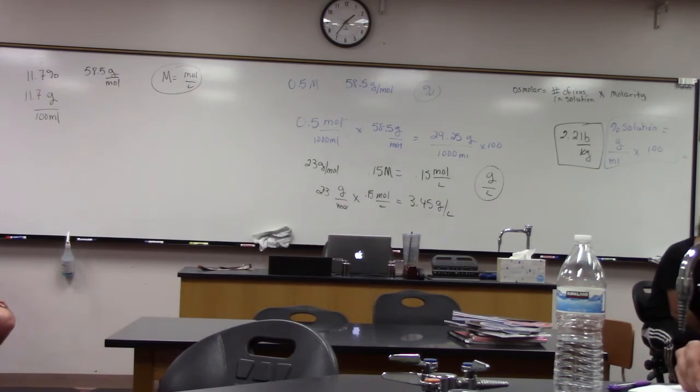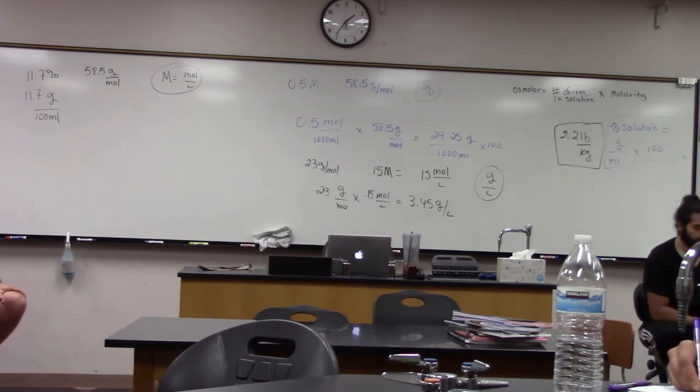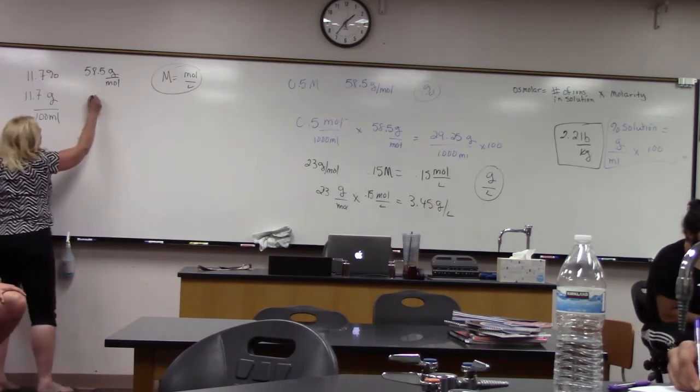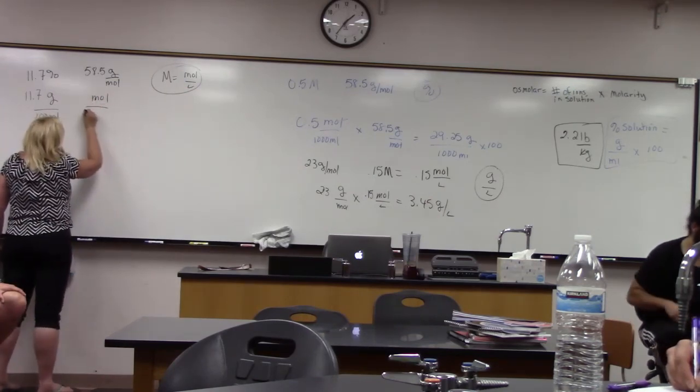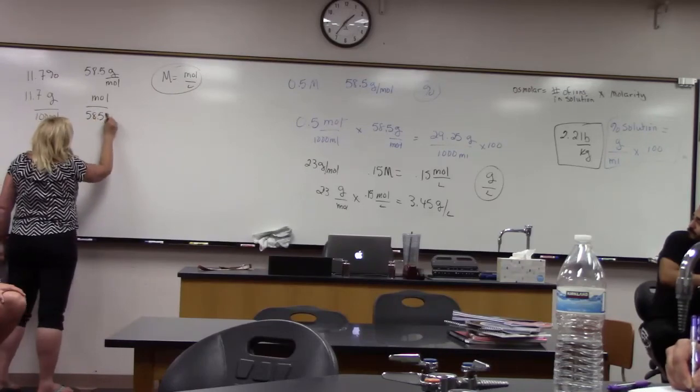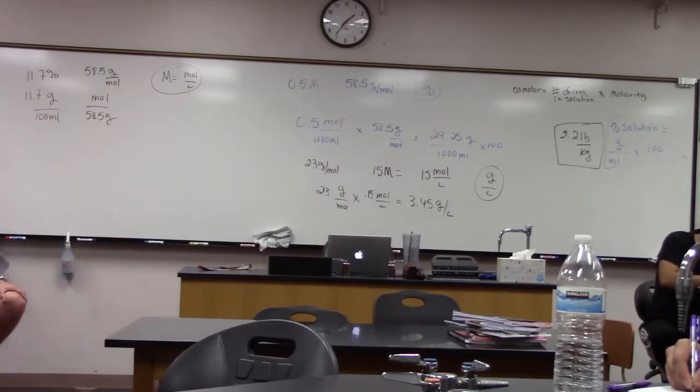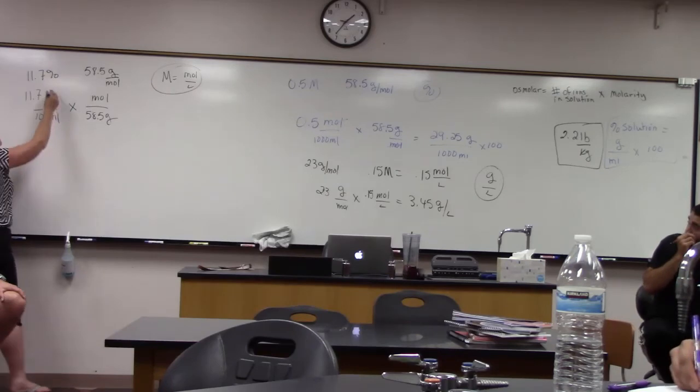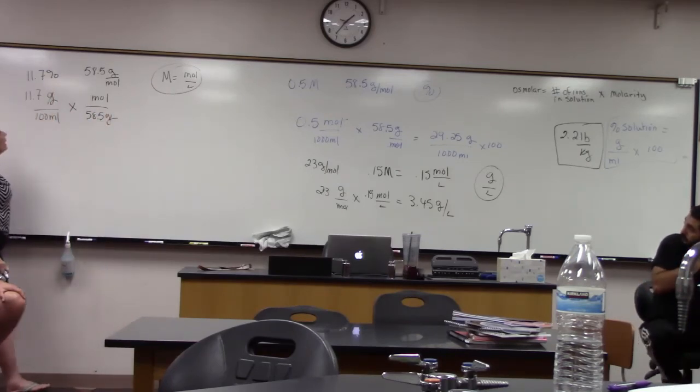You would switch the conversion so the 58.5 is the denominator. So I'd multiply these. Grams will cancel, and I have 11.7 divided by 58.5.